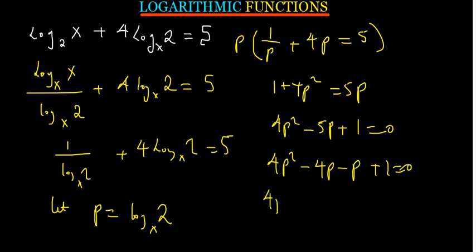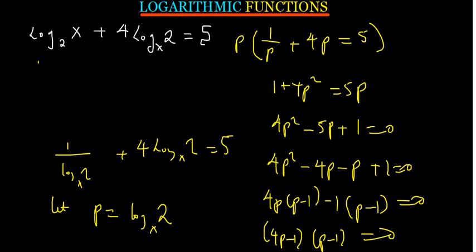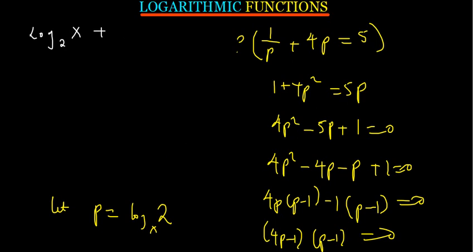So 4p times p minus 1, then negative 1 times p minus 1 is equal to 0, giving us 4p minus 1 times p minus 1 being equal to 0. From there, when we solve for p, p is equal to 1 over 4, or p is equal to positive 1.